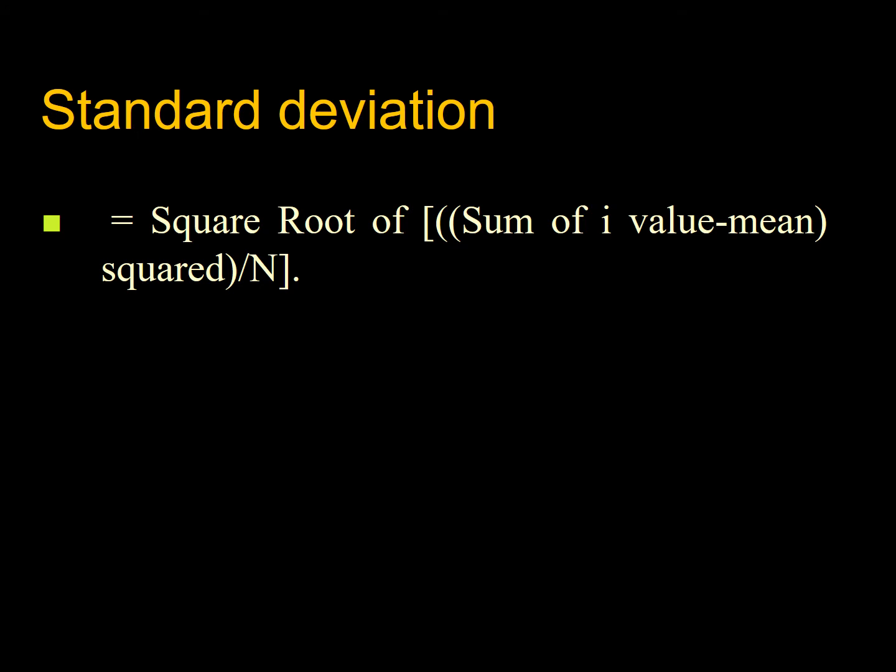The basic formula is the square root of the sum of x sub i, which is any individual case, and if you have a list of cases, it's each of them, minus the mean of those cases, squared, and then divided by the number of cases. Now, if we're looking at a sample standard deviation, it's going to be n minus 1. We divide by n only when we're doing the standard deviation for the population.